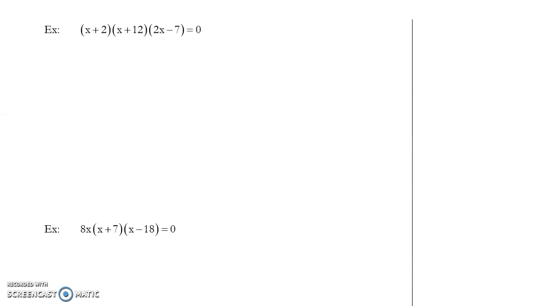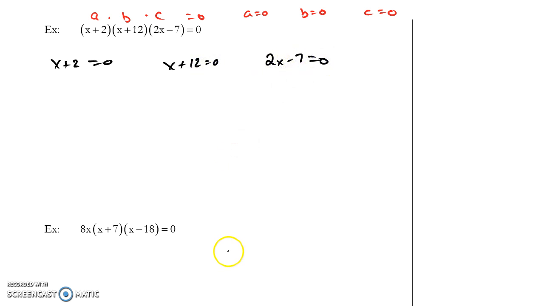Well, what if I have three terms? It's the same thing. We don't do anything different. It just happens to be a times b times c equals 0. Zero product property now just states that either a is 0, b is 0, or c is 0. I set each one of these expressions equal to 0. And then we solve.